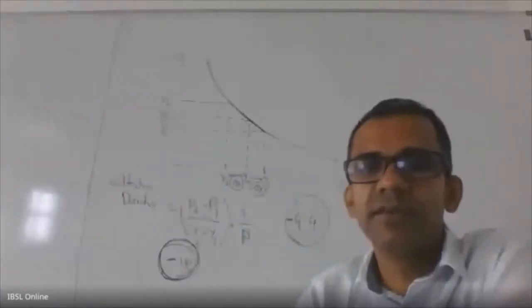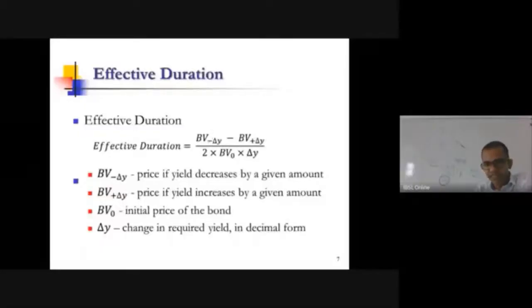You can see BV, bond value, when the yield changes: minus delta Y means yield decrease. When the yield decreases, price is high. This part is the bond value when the yield increases by the same amount. Delta Y is the change in yield, the same amount. So this is the lower price. When yield increases, price goes down. This is the new value of the bond once yield increases by the same amount.